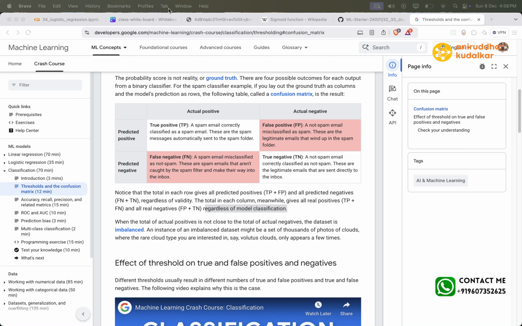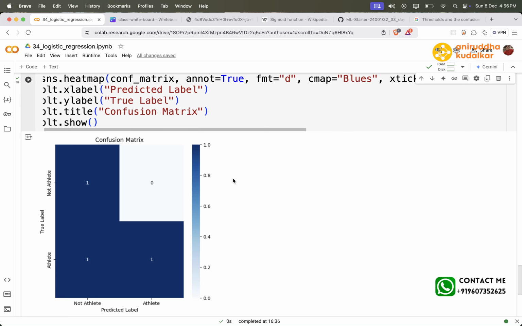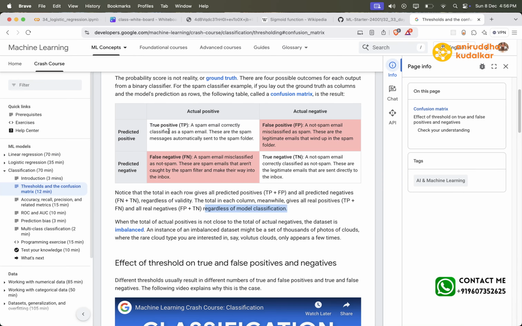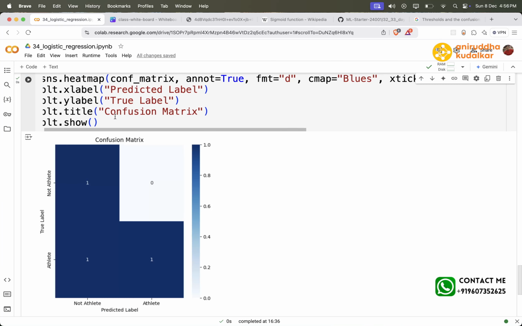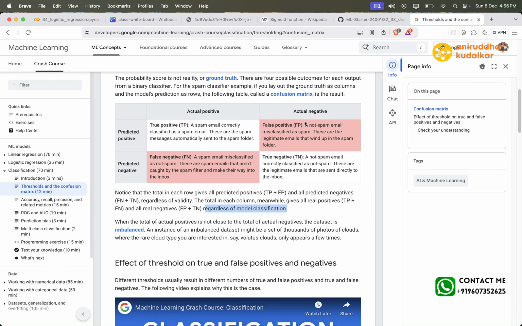So whenever you look at our matrix, this is called the confusion matrix. Rows give you the prediction. What is the first thing over here? True positive. This is false positive.